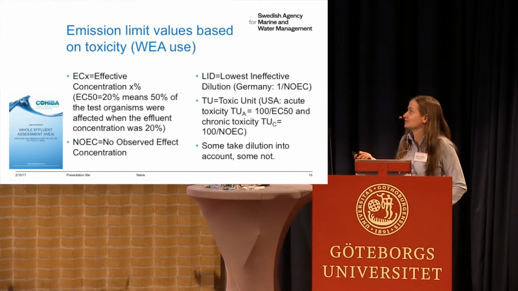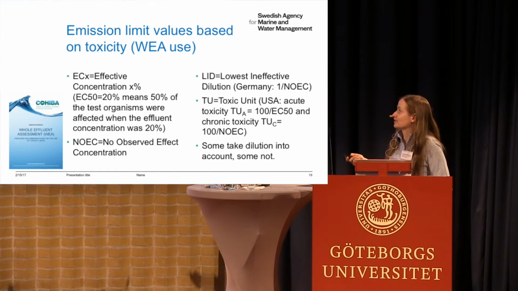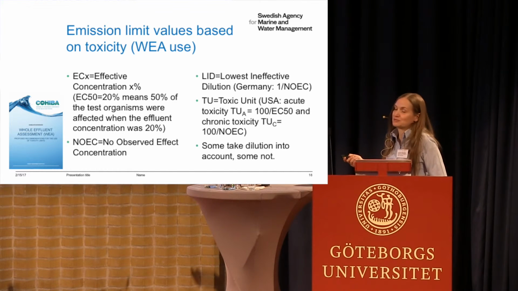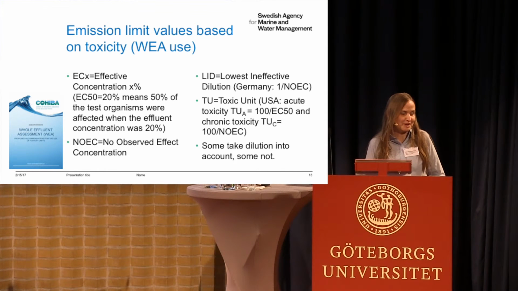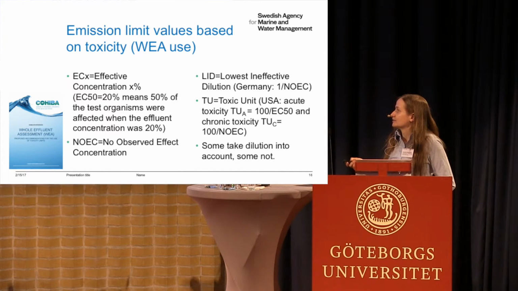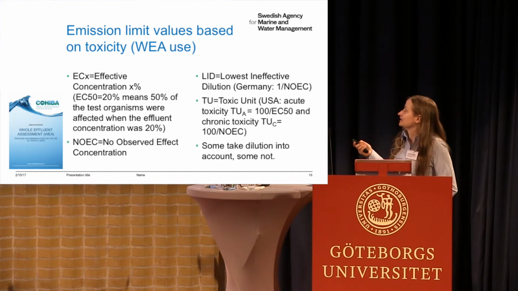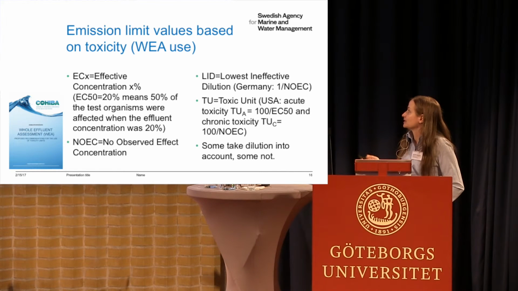So if it's EC50-20%, it means 50% of the test organisms were affected when the effluent concentration was 20%. This is very similar to the way we can express PNEC for chemicals. You can also regulate no observed effect concentration. In Germany, lowest ineffective dilution. In the US, toxic unit is very common, and so on.